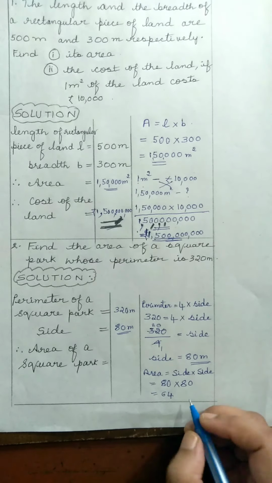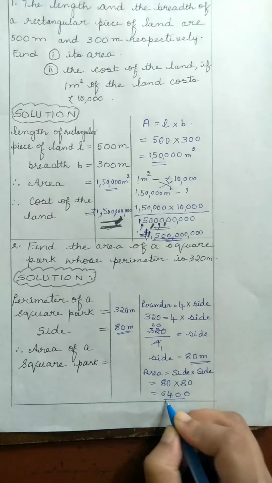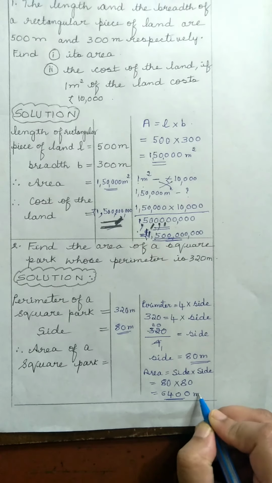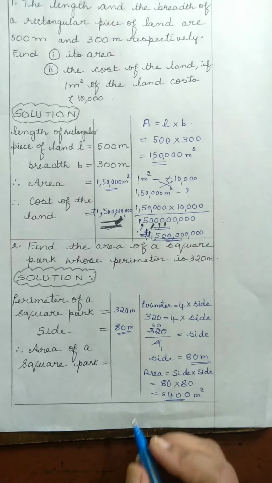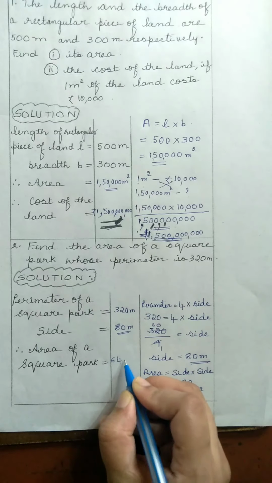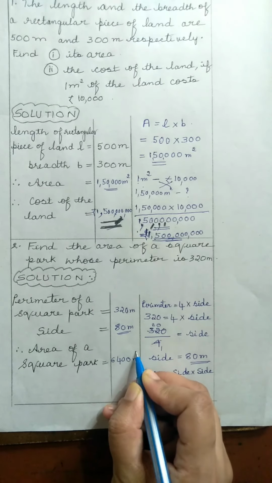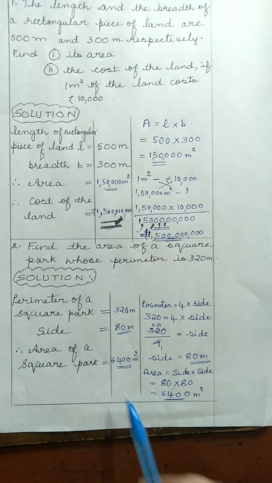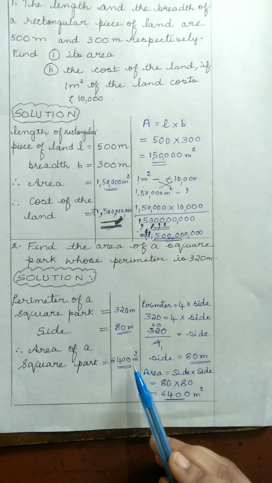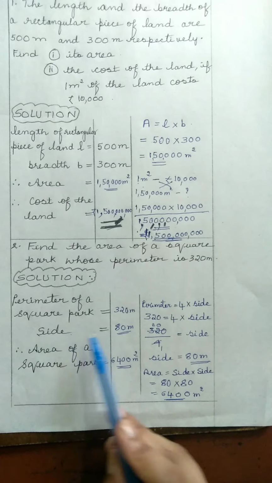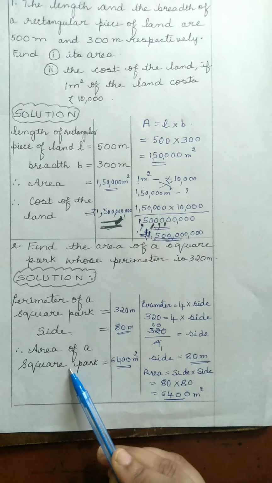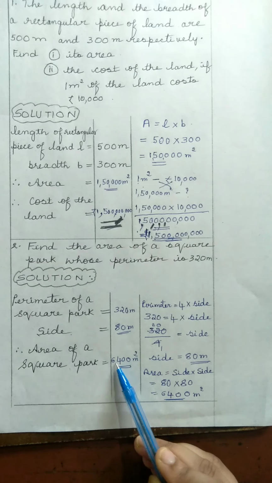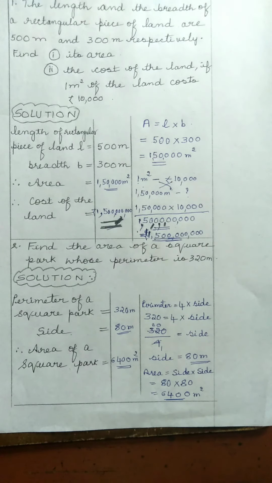We have 2 zeros right here. Therefore, 6400 meter square will be the area of the square park. Therefore, the answer of the area of a square park is equal to 6400 meter square. The side measurement is 80 meter and area will be equal to 6400 meter square.